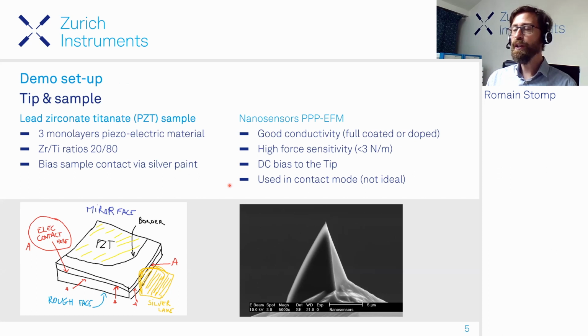For the tip, we used the standard tip for electrical measurements, so EFM, even though it's more usually for dynamical PFM techniques, because normally for contact mode you want to have something very soft so that you don't wear off the coating. But since you are also doing dynamical mode with these cantilevers that are clamped at both ends, we can't have something too floppy, otherwise we don't have a good contact. So that's kind of the trade-off.